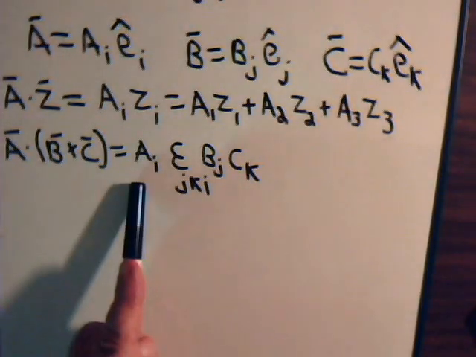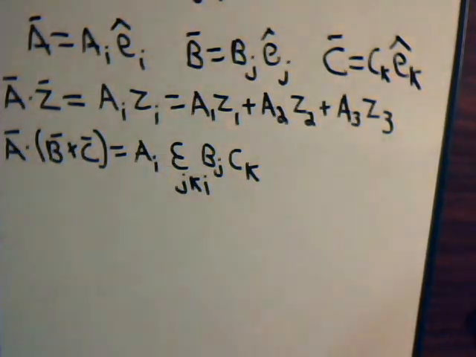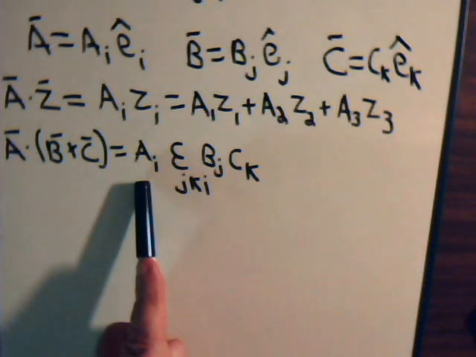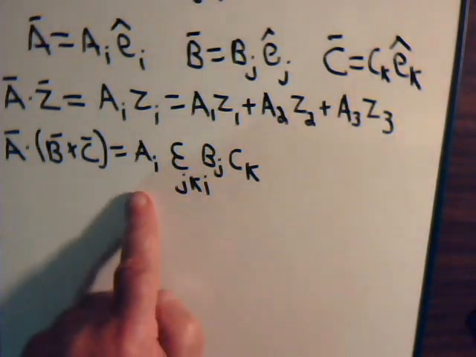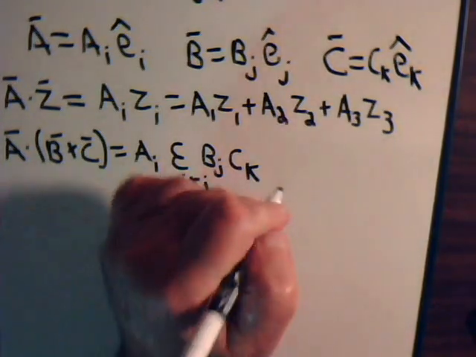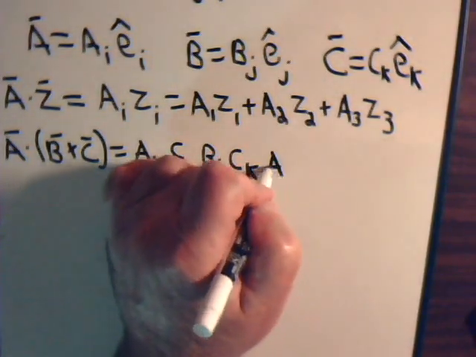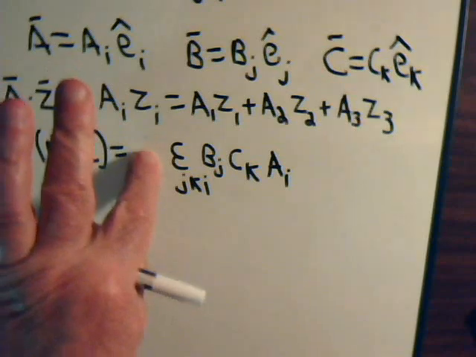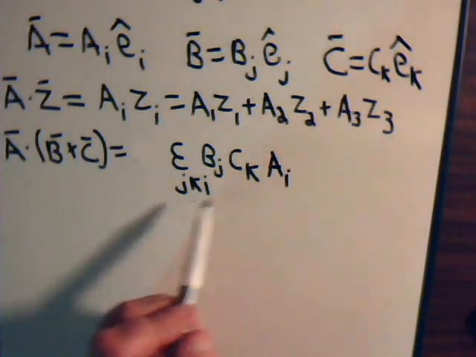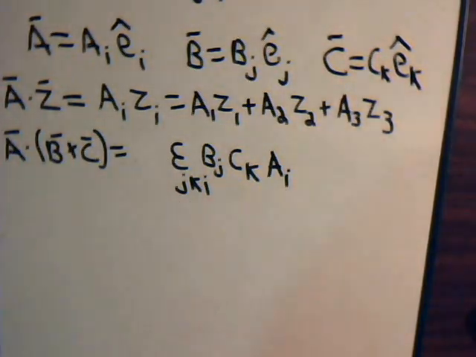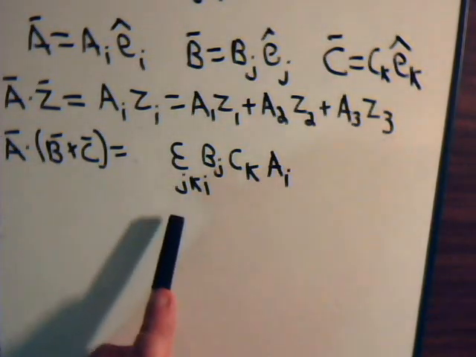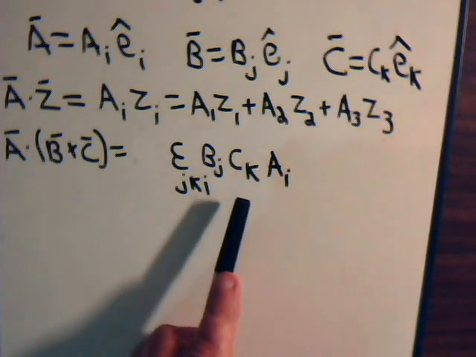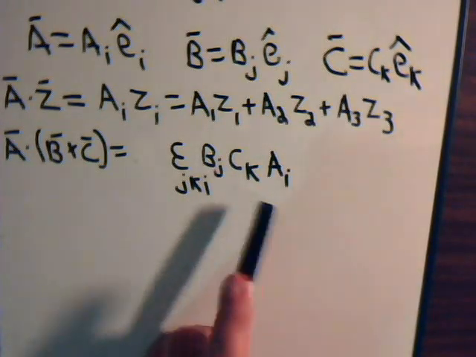So we can move this inside of here, but we have to do it so that once we move it inside, all the indexes match. So we have epsilon J, K, I, B J, C K, A I.